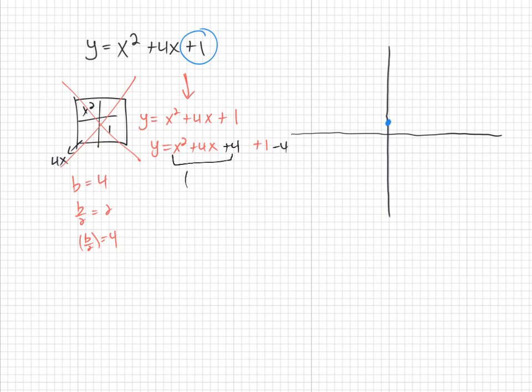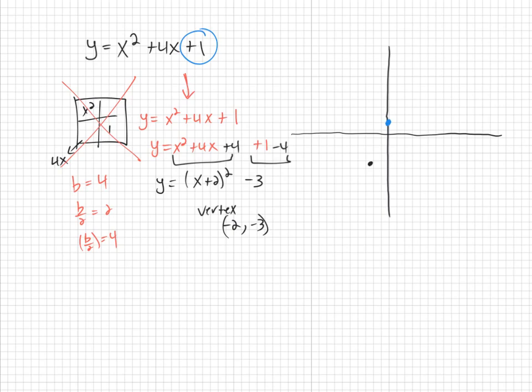This is our perfect square, so x plus 2 squared, and then this is minus 3. So our vertex form is x plus 2 squared minus 3, which tells us actually that our vertex is -2, -3. So -2, -3.